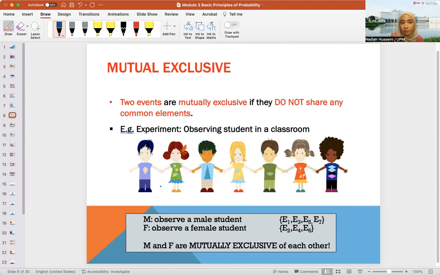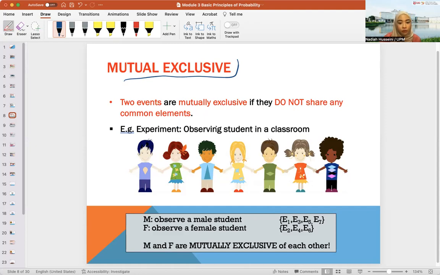Okay, so we talked about sample space, we talked about events, we talked about experiment, which is the act of recording data. And we know that within the braces of a sample space, we call those E subscript as events or elements. So now what is mutually exclusive? Two events are mutually exclusive if they do not share any common elements.